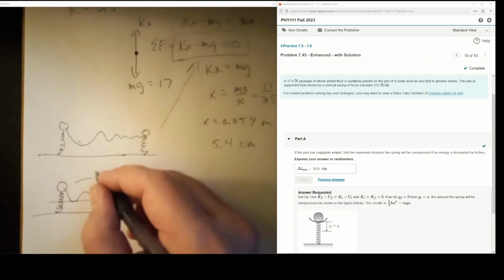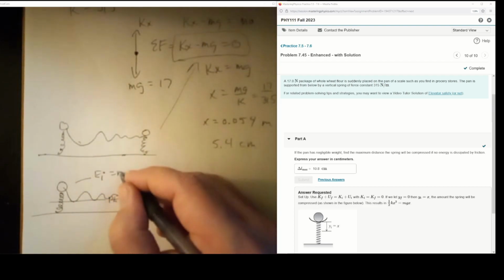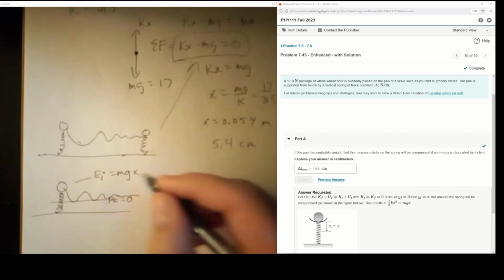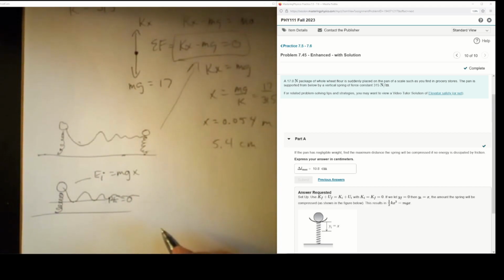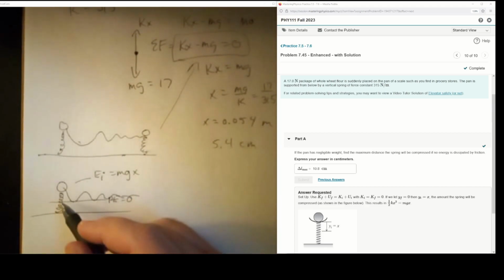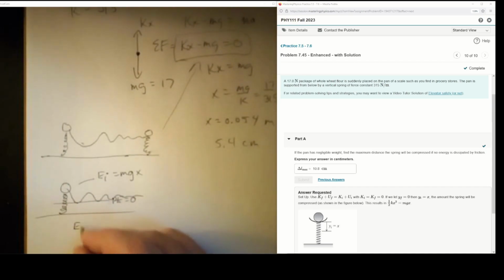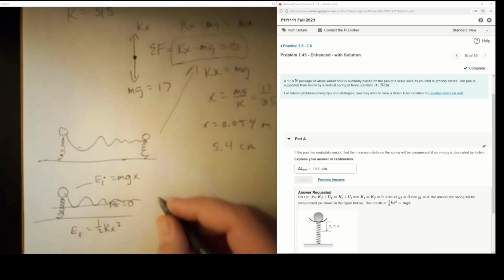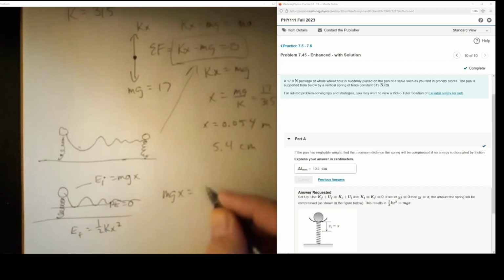And if we look at that, the initial energy here is going to be mgx, where x is the compression of the spring. And then when the spring gets fully compressed, it'll have its energy of 1/2 kx squared. And then we set these two equal because energy is conserved, so the initial potential energy has to equal the potential energy of the spring.